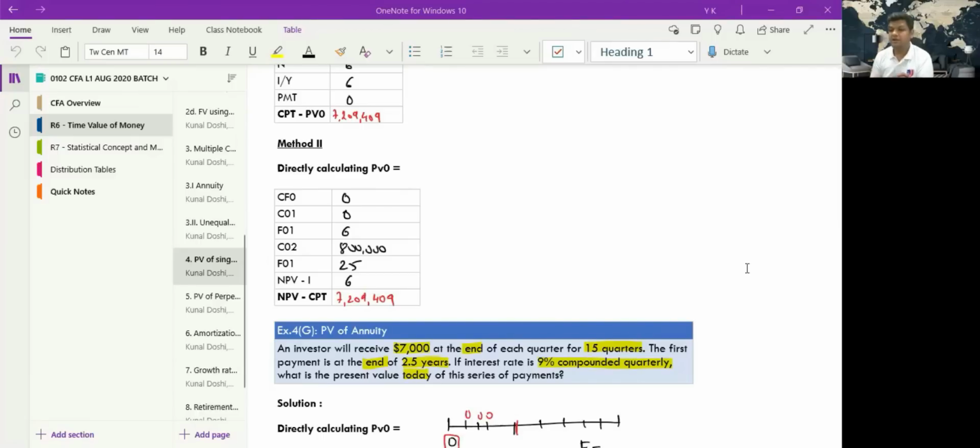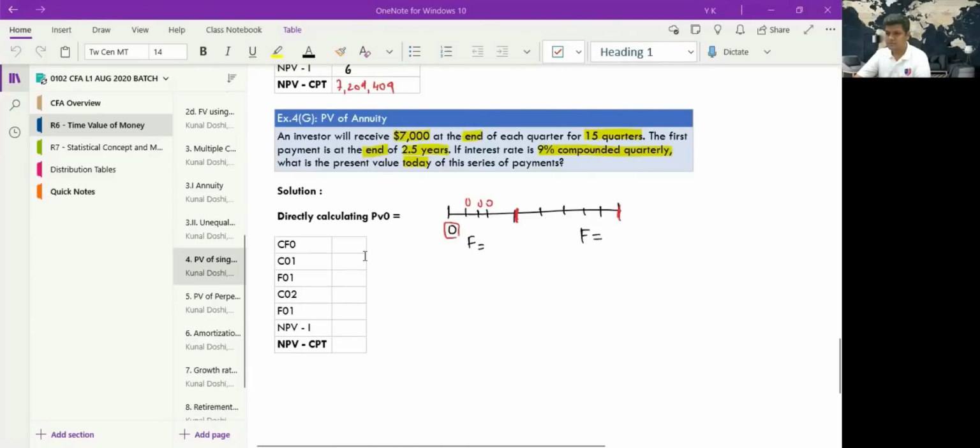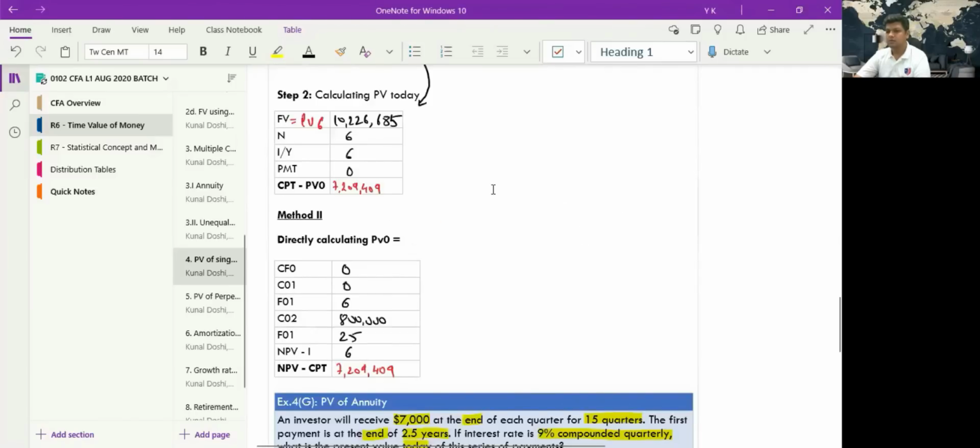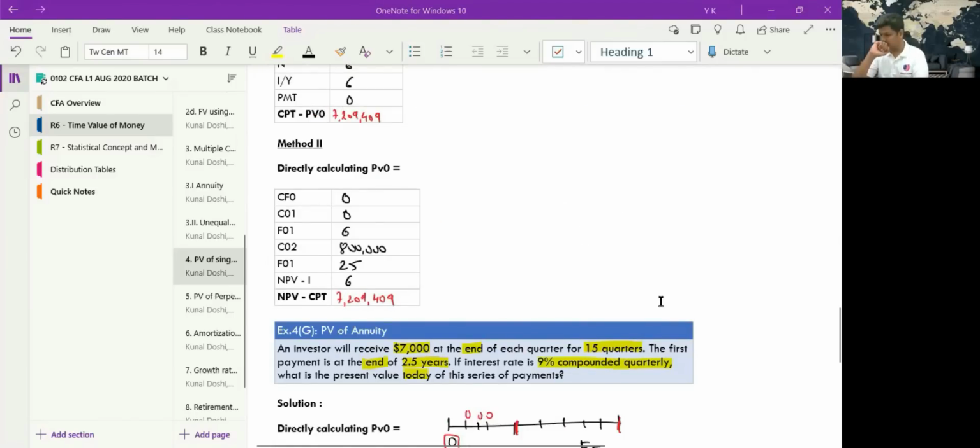Yes. Anyone who gets the answer, do let me know. Anyone ready with the timeline at least? Anyone can help me with timeline?